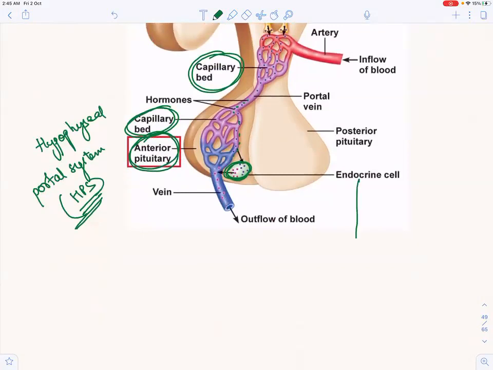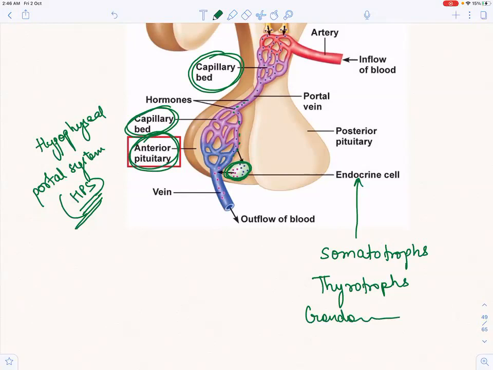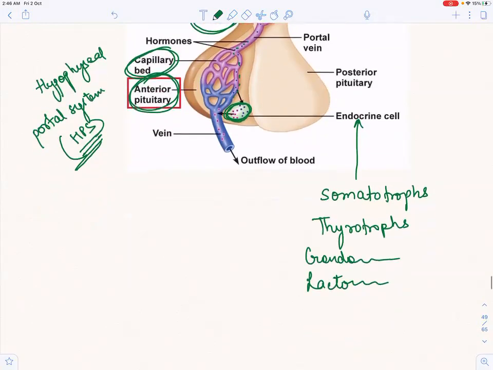These endocrine cells, we said there are 5: somatotrophs, thyrotrophs, gonadotrophs, lactotrophs, and corticotrophs, right? So these are the 5 endocrine cells that we talked about.